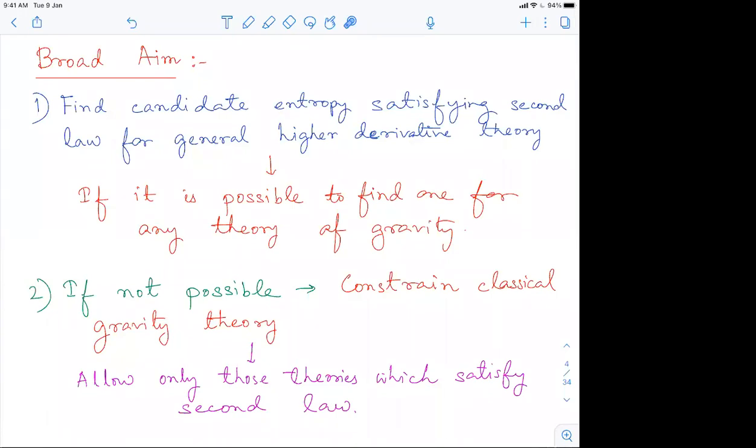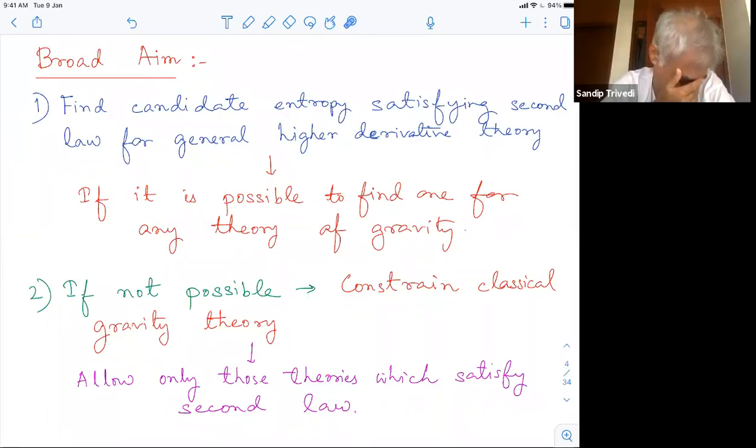Such theories will not be dual to a unitary quantum field theory. So perhaps what Arunabha is trying to say is that he'll write down various constraints which need to be met so that the second law is satisfied, and then any theory of gravity which is dual to a unitary quantum field theory should meet those.